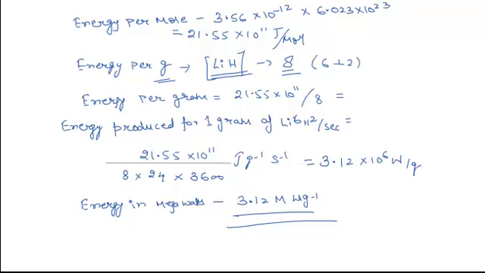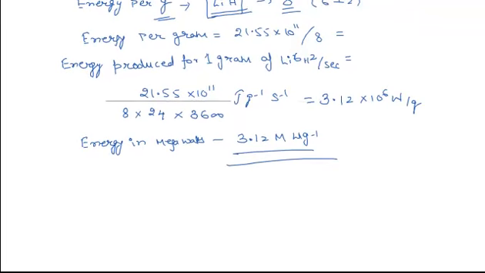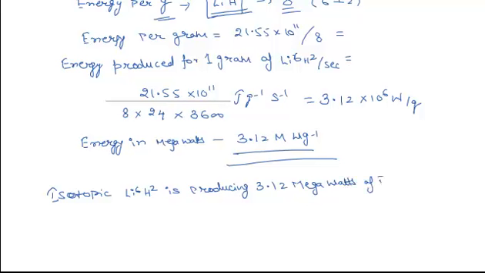So this particular isotopic lithium hydride is producing 3.12 megawatts of energy per gram per second, right?